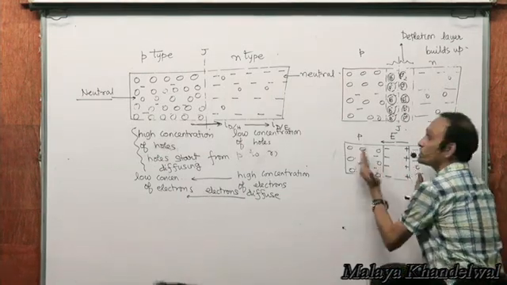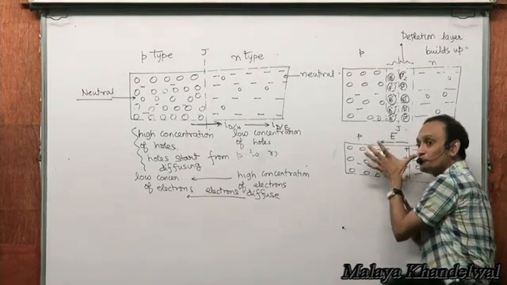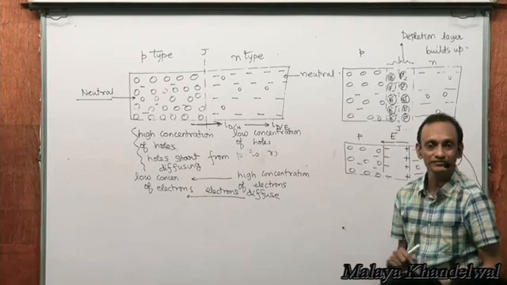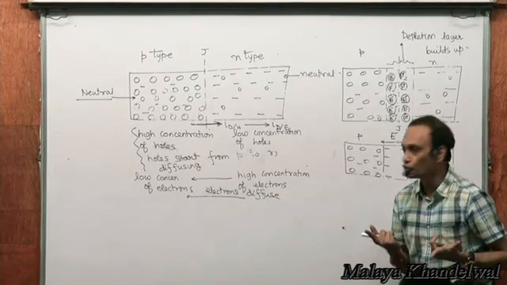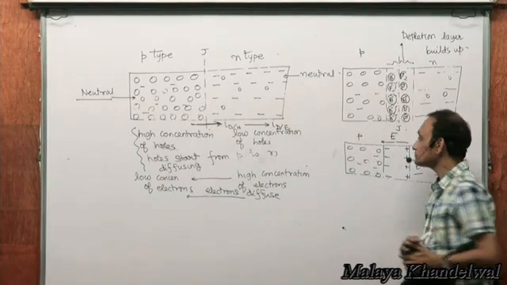That's the irony. The depletion layer was created out of diffusion, but once this depletion layer starts to build up, it discourages diffusion. Yes or no? Do you realize, all of you understand this? This depletion layer will oppose diffusion.